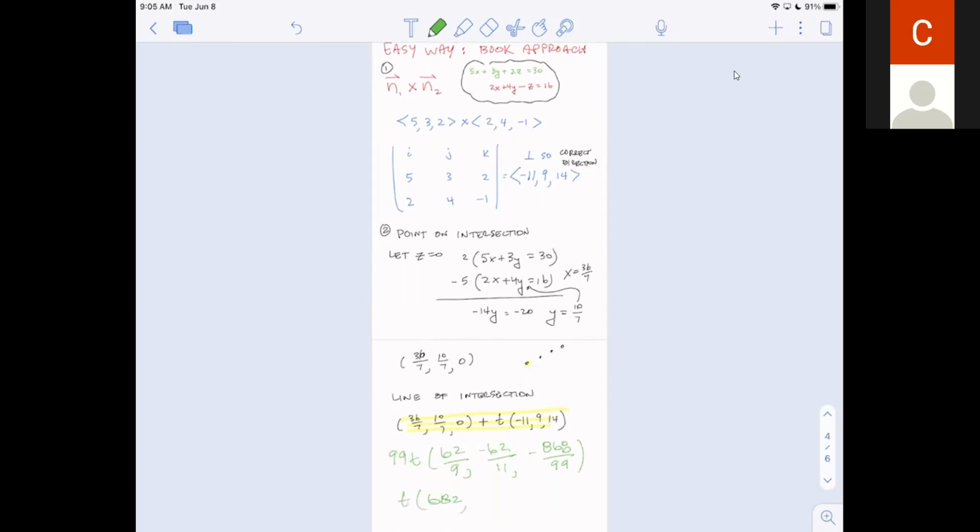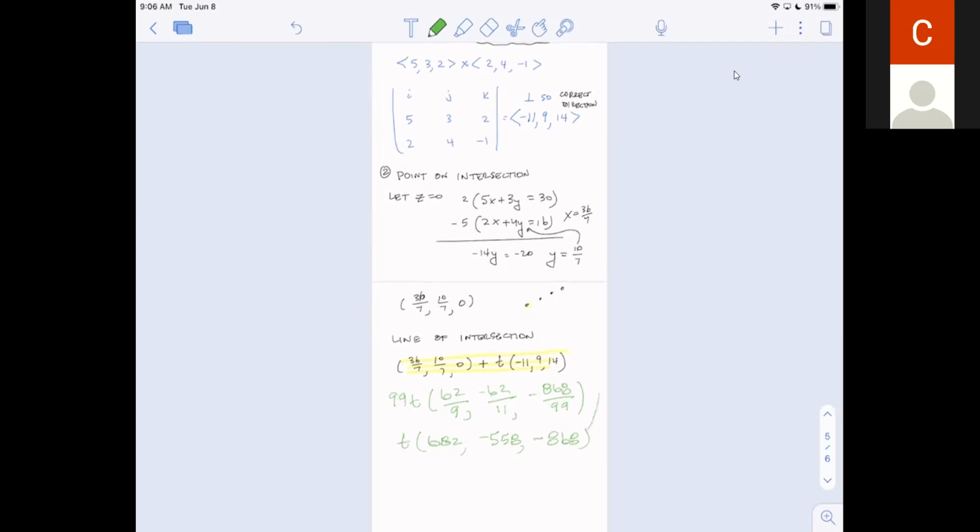And then 99 divided by 11 is 9, and 9 times 62 is 558. So this is negative 558. And then the 99s cancel over here, so I get negative 868. Do you agree that's the same? That doesn't change anything. So the question is, is it actually the same as this?